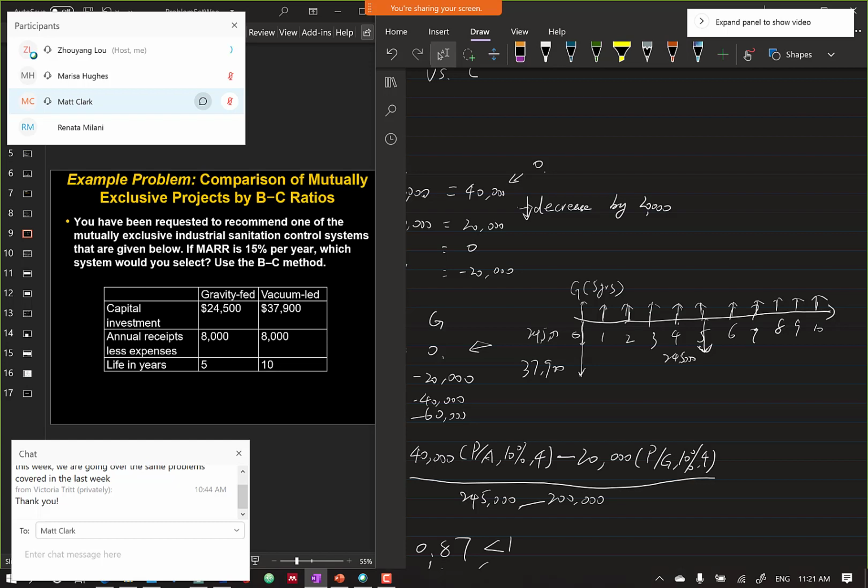So since we are comparing both, and the capital investment for G is lower, we can treat that as the base and use this one minus that, right? And then all these 8,000 values will disappear, since they're just equal. But for doing project V, this V at year 5 is actually a zero cost.